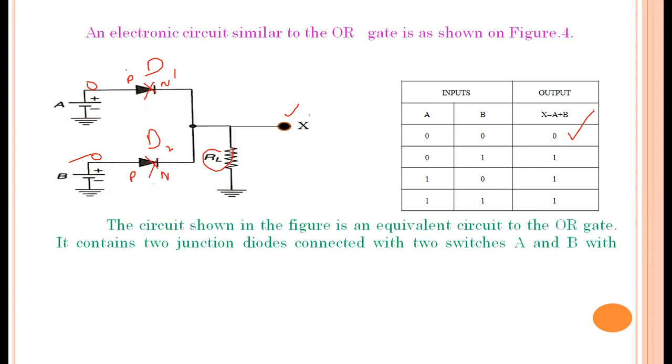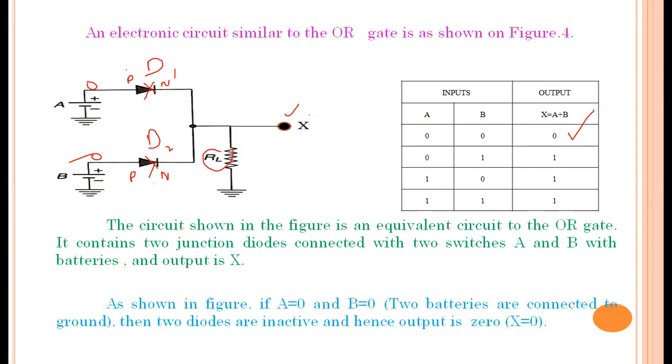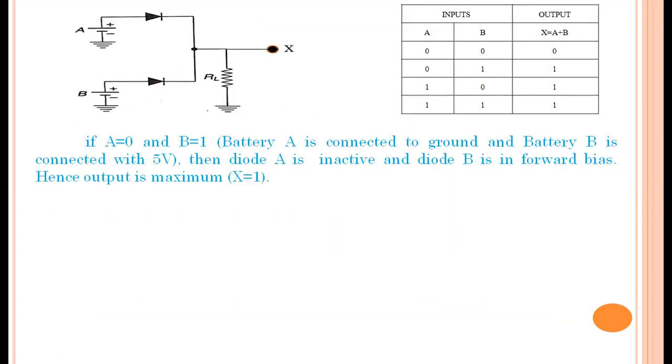And the second case, if A is equal to 0, that is A voltage is 0, and B is equal to 1, that is it may be shown as 5 volts. Then according to this diagram, diode D1 is in reverse bias so there is no current through diode D1.